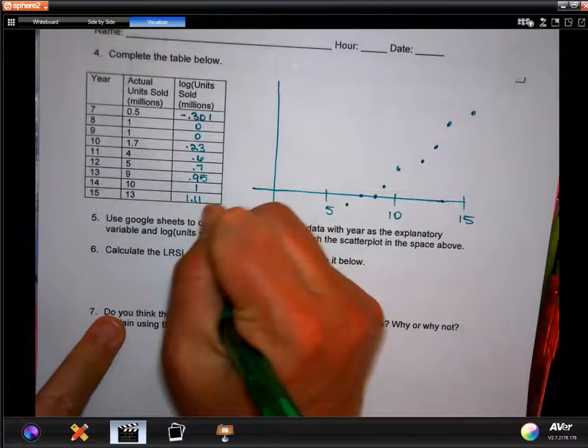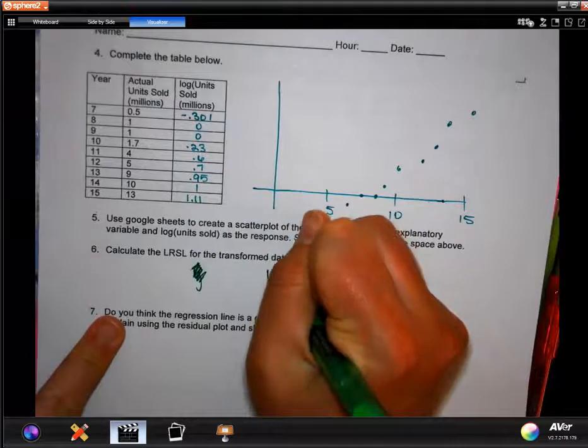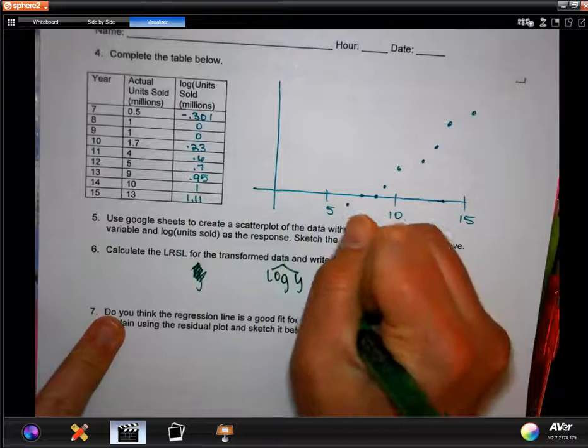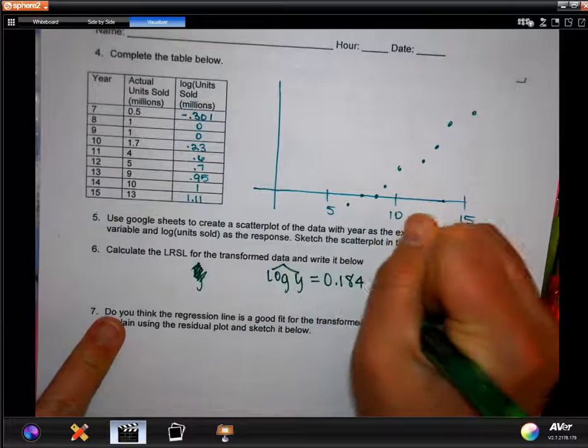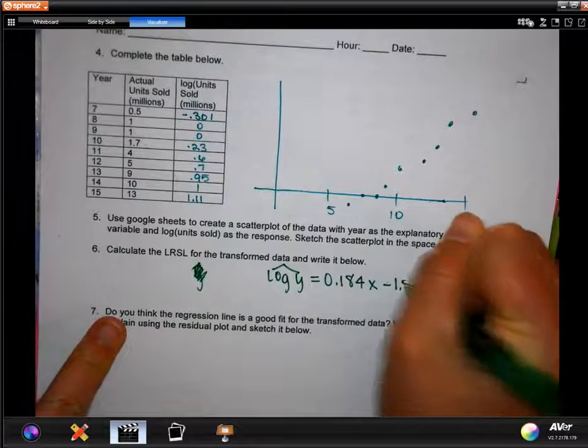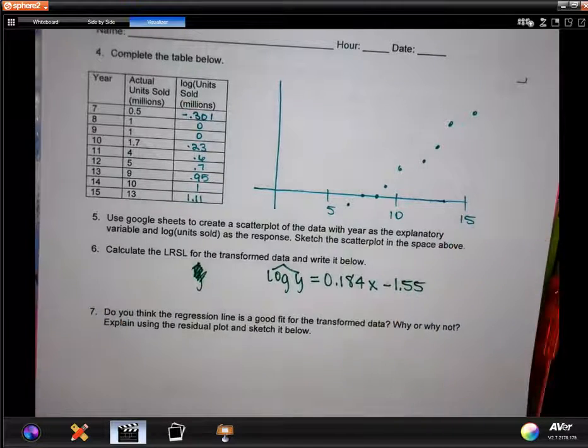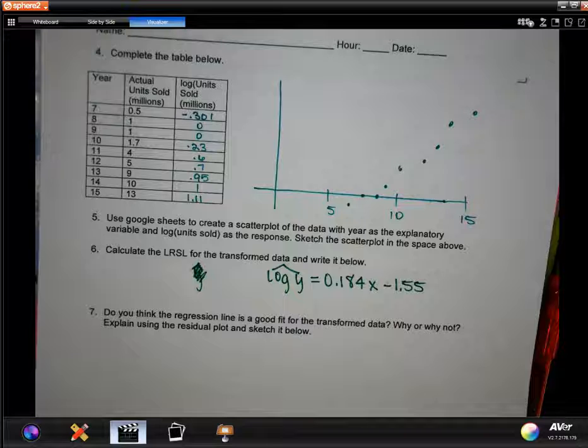Oops, that's not what I wanted to write. You got it? You're supposed to be making a residual plot. I don't have a pen.